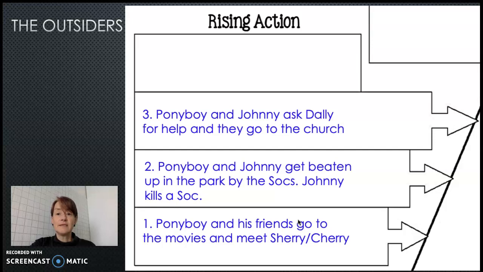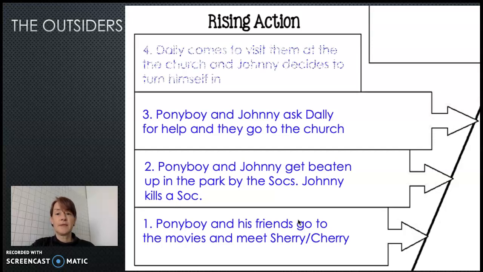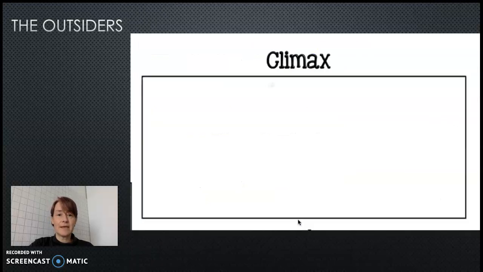In order of events, Ponyboy and Johnny ask Dally for help, and they go to the church. And Dally comes to visit them at the church, and Johnny decides to turn himself in. Okay, that is what I consider to be the rising action. Some of this is debatable, though, and I'll talk more about that in the next slide, the climax.